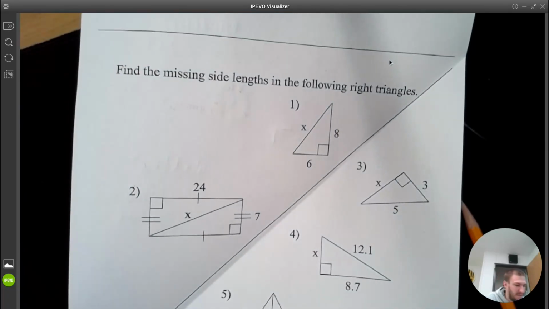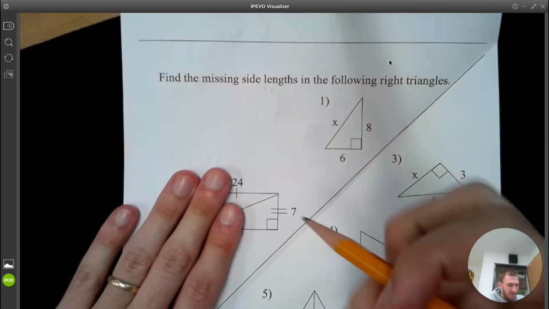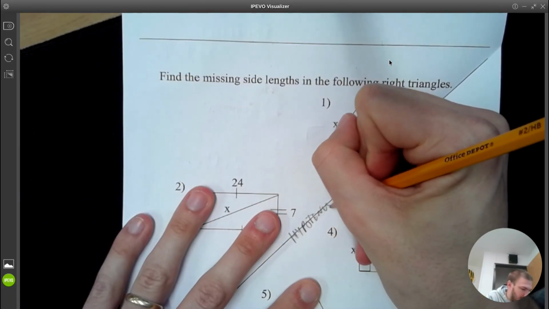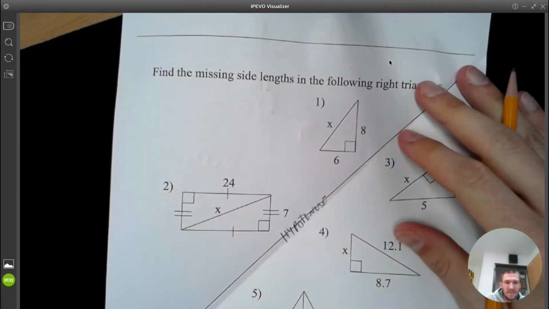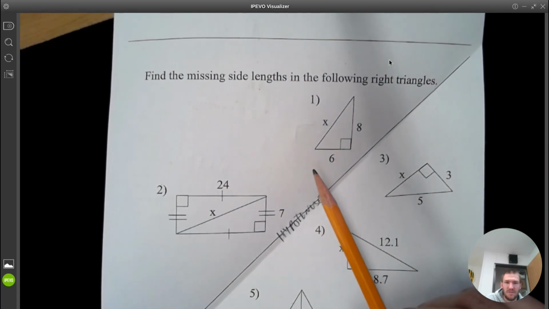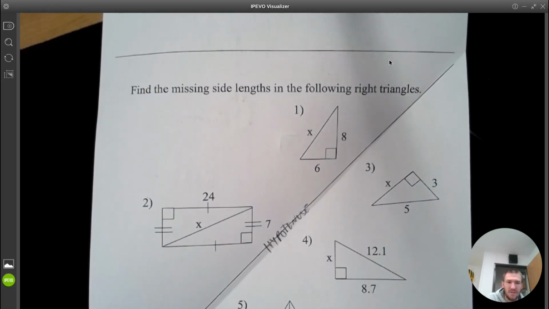How cute. I'm going to go ahead and label this middle line here as the hypotenuse. Right? This is the long diagonal line that goes across. Okay, so let's do these questions and figure this out.